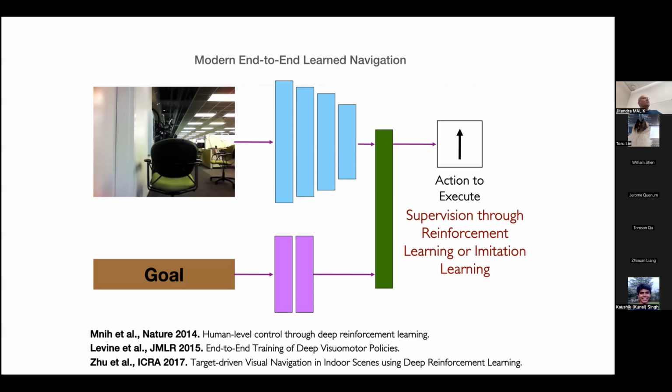The agent gets some visual input, shown by this picture, and it has some goal, chair. And then it's a supervised learning problem, because at a particular location, you say, go left or go right or go forward. And you train the network, right?